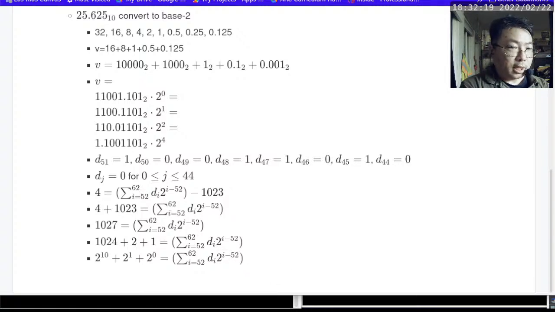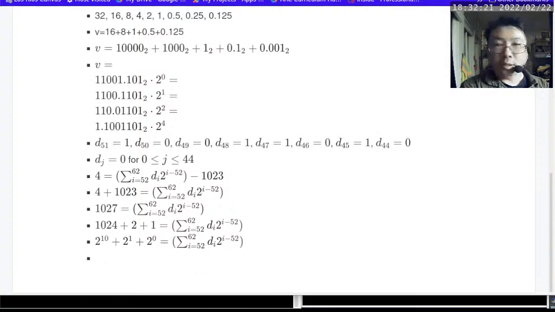So in the end, what we end up with is, we'll start with D62. D62 is, I need to put braces around it. It's going to be a 1. That is because 2 to the power of 10 is needed. Okay, so I am going to do some copy and pasting here.